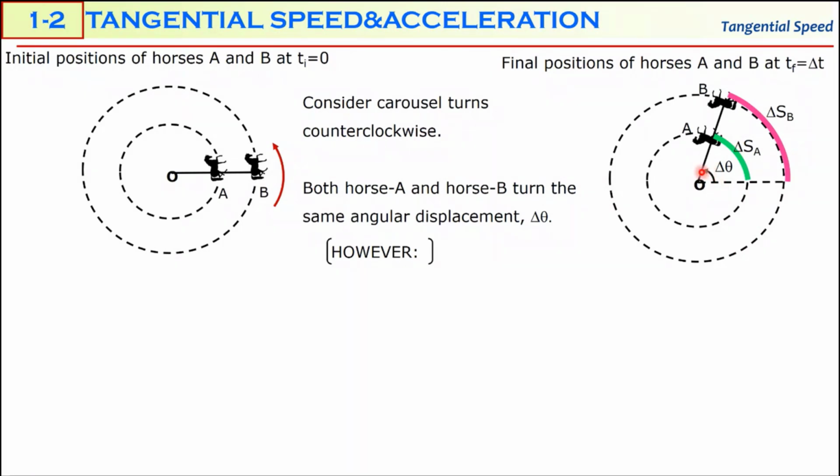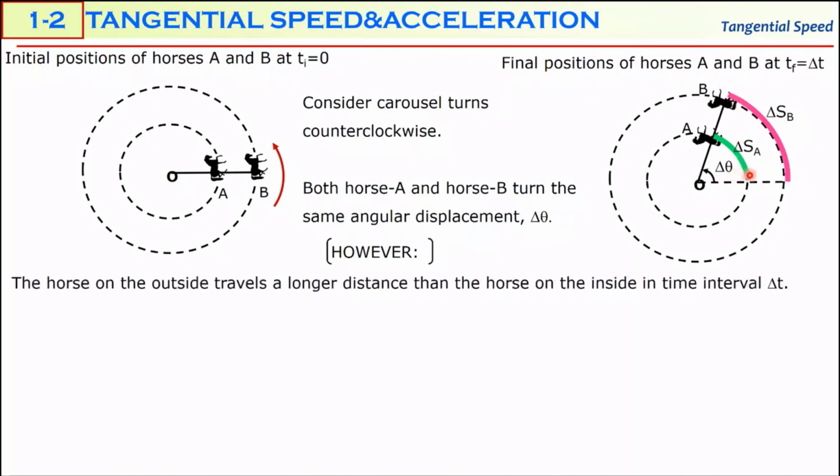Even though they turn with the same angle, the distance traveled by horse A and the distance traveled by horse B are not the same. One of them travels a longer distance. Which one is traveling a longer distance? Horse B. Of course, B is longer than A. You see that A is shorter, B is longer.